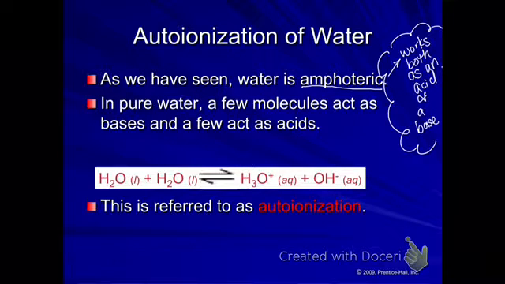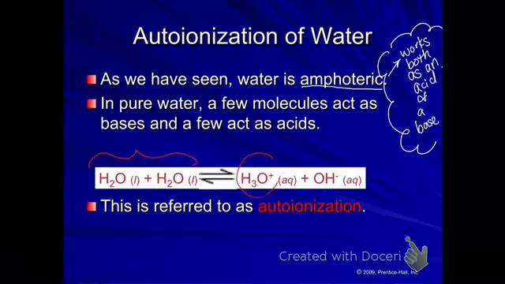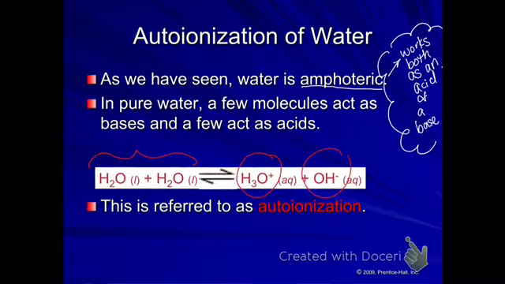Two water molecules that are side by side, if they hit each other in just the right way, think about kinetics, will actually produce the hydronium ion and the hydroxide ion.